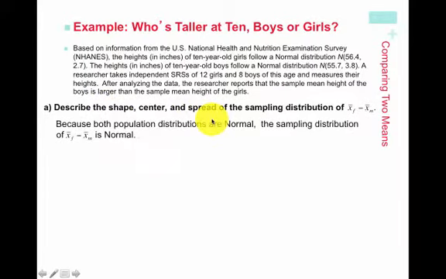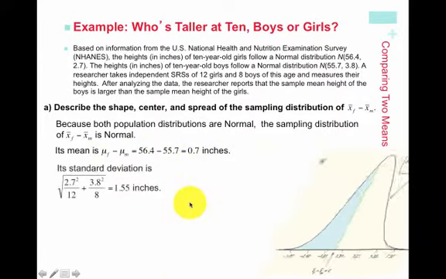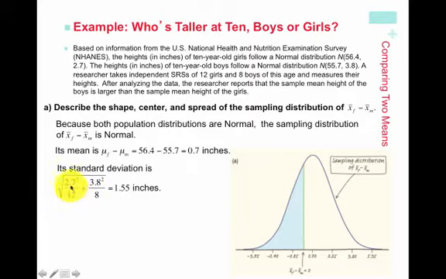So because both populations are normal, we know the sampling distribution of x bar sub f minus x bar sub m must be normal. Its mean will be mu sub f minus mu sub m, which is 0.7 inches. Its standard deviation will be found using the formula, and we get 1.55 inches.